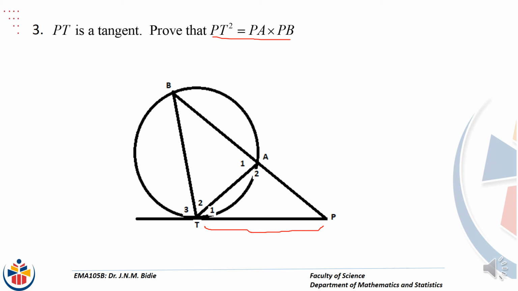So PT, we used it for the smaller triangle, and now lastly we're using it for the bigger triangle, and then we're able to prove what we have been given. Write it down and see that we did everything correctly.